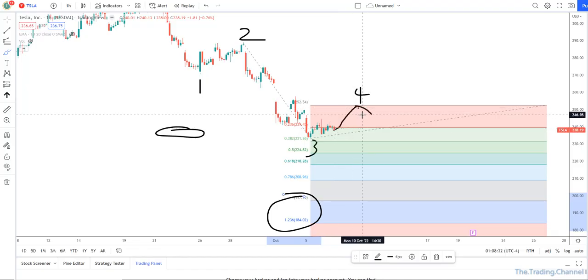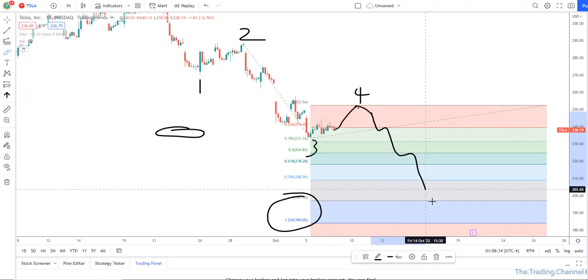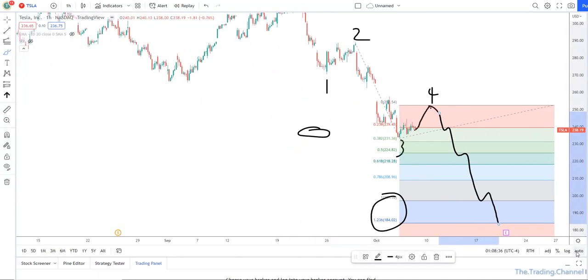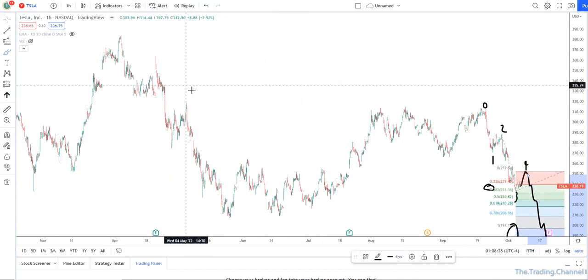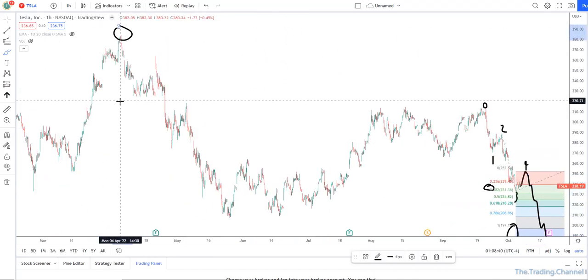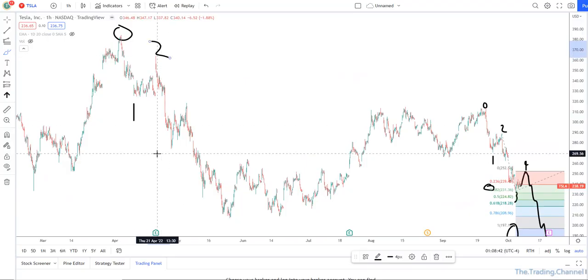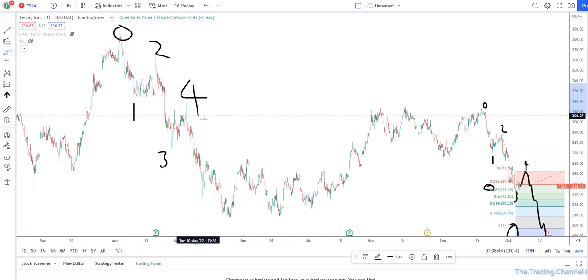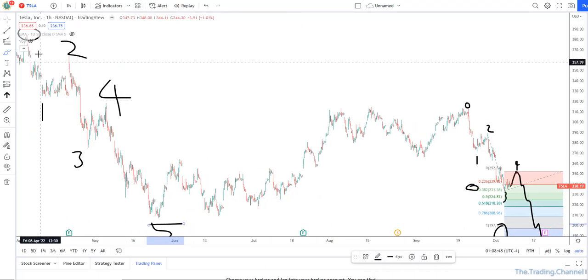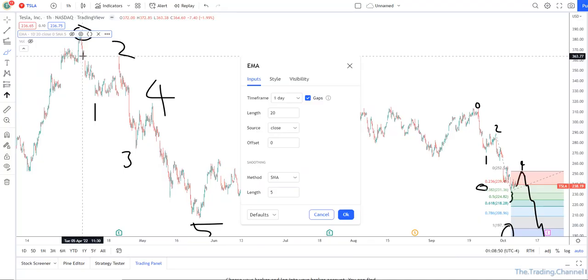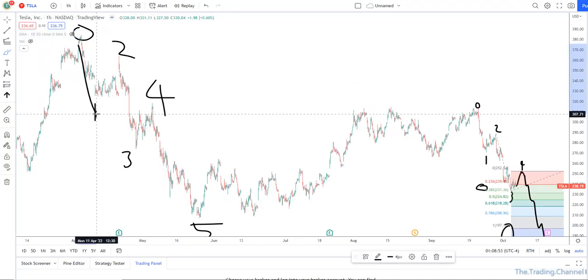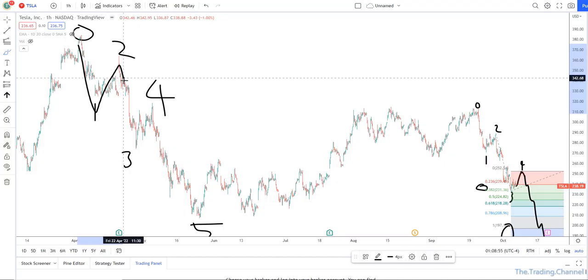And if it starts to reject, there's a possibility that it can continue to go lower, like what happened in the past back then at this period. This is called your 0, 1, 2, 3, 4, and then 5 happened here. So if you take a look at today, 0, 1 to 2, and to 3.